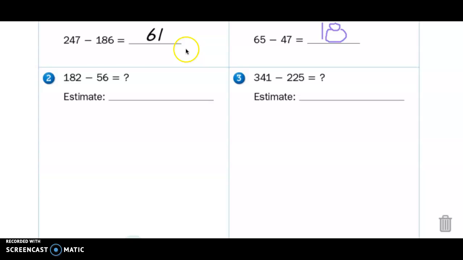Okay, I want you to estimate to the 10s here and the 100s for number 3. Remember, we are subtracting. Write your rounded answers here, subtract, find your estimate.